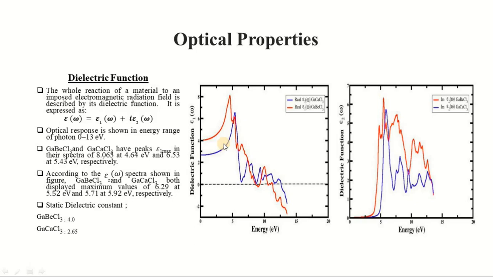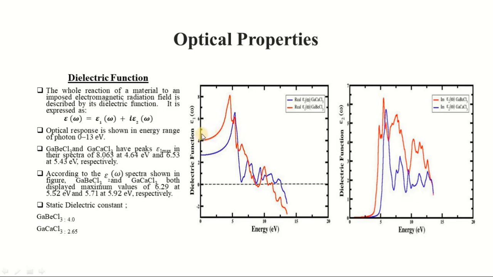These two materials also satisfy the Penn model, which states that if the band gap energy of the material is lower, then the static dielectric constant of this material will be higher. If we look at GaBeCl3, the band gap energy is 3.03, which is smaller than the other compound.